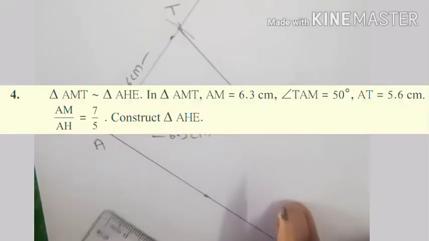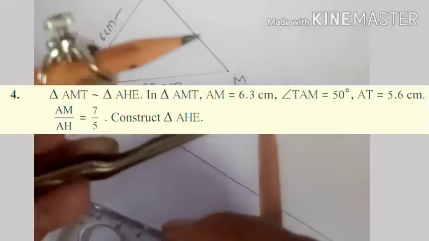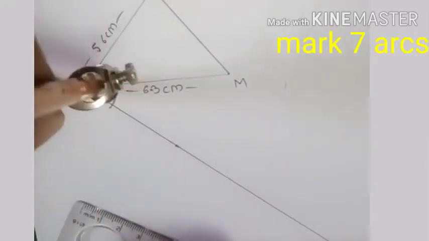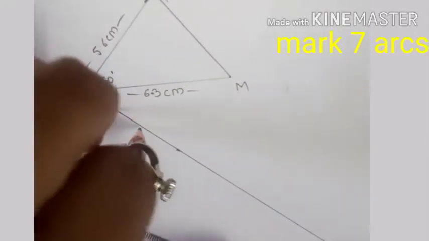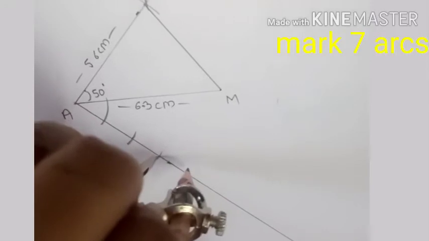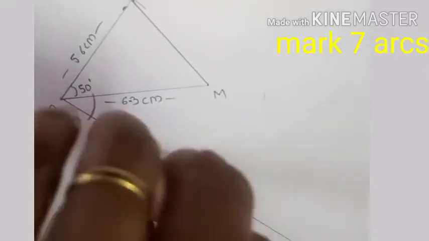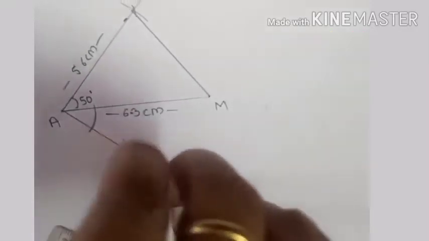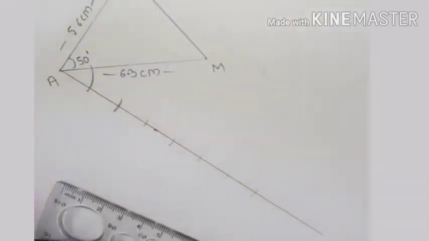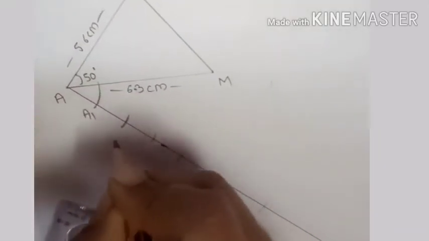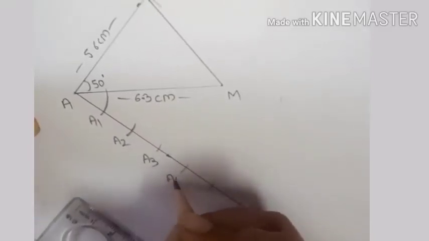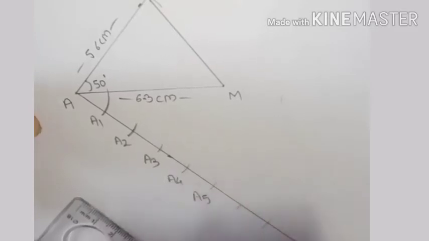Now as the given ratio is AM upon AH equal to 7 upon 5, select the larger number 7. So from point A, make 7 arcs on the downward ray. The 7 arcs should be of the same size, drawn with the help of the compass. Name the 7 arcs as A1, A2, A3, A4, A5, A6 and A7.